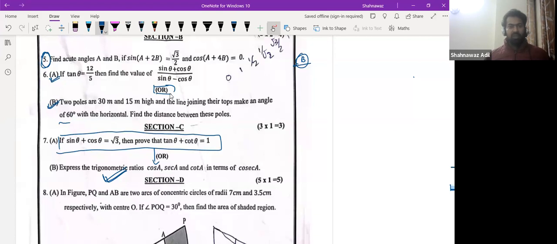Whenever you get the option between two questions, you have to choose the one in which you feel comfortable. In our science exam, we did not have a single "or" question, but I guess you will get some questions like that.